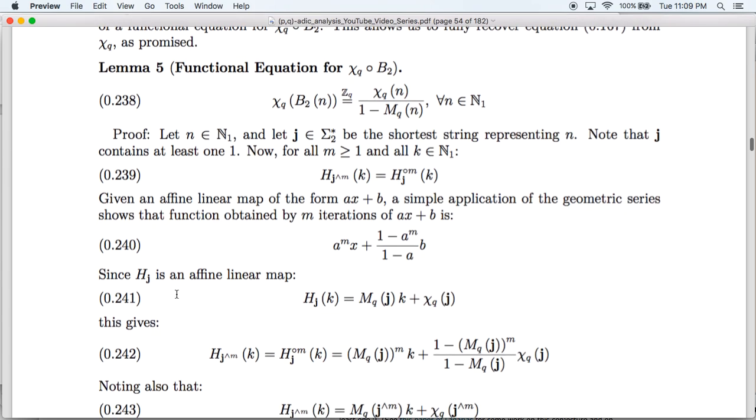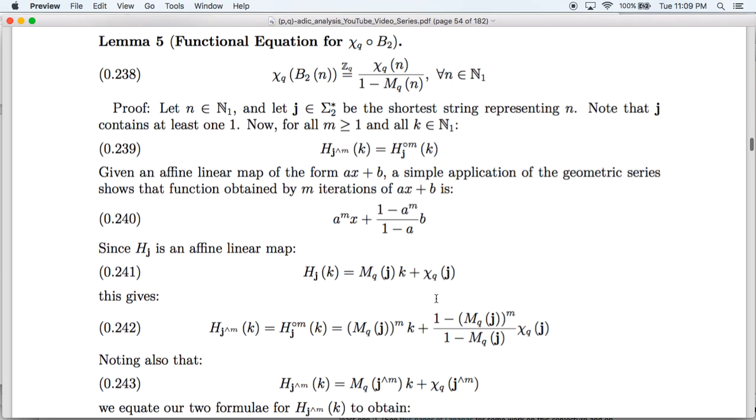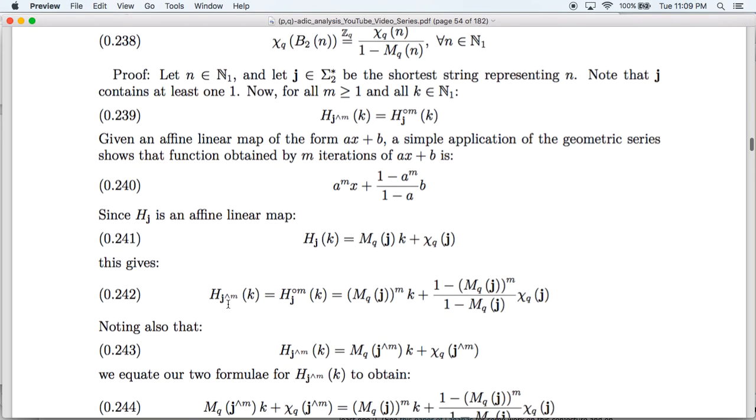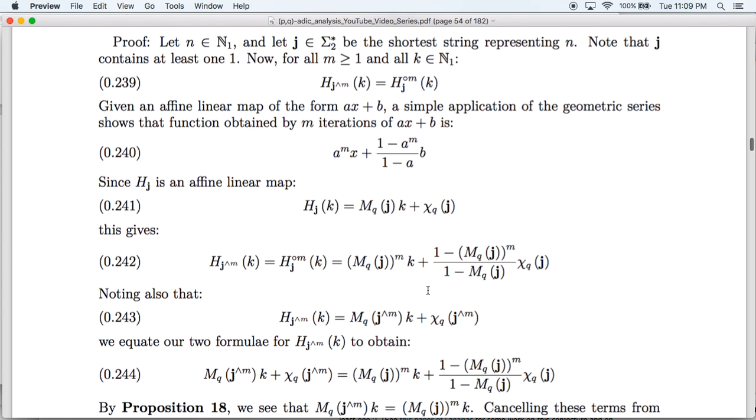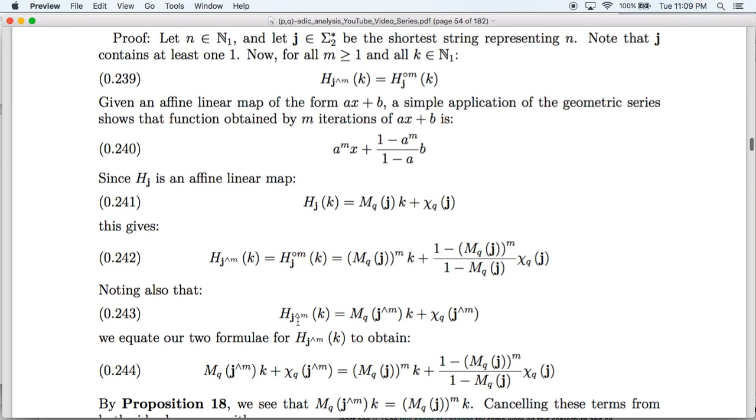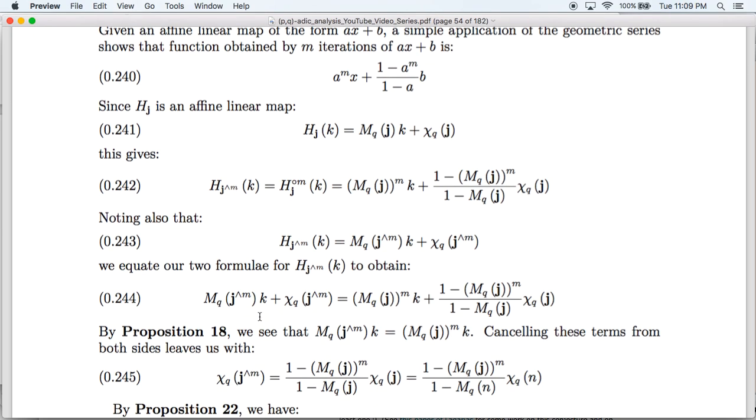So since h bold j is an affine linear map, h bold j of k is equal to mq of bold j times k plus chi-q of bold j. And so then, by applying this equation, if we iterate it m times, we get this. Noting also that h bold j wedge m is like this, we then equate our two formulas like this.